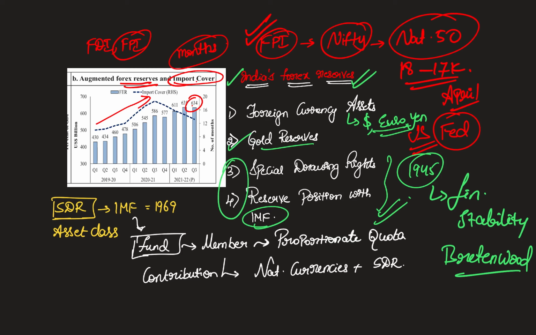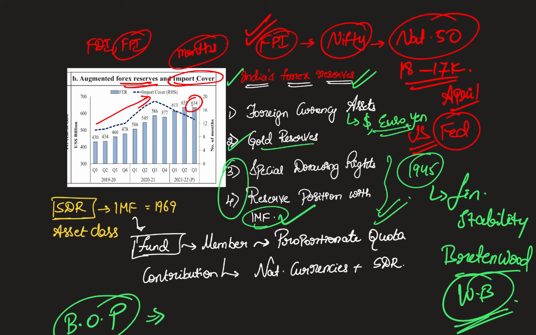One institution is IMF, the other one is World Bank, which we will be discussing in much more detail in other lectures. Now, what is the objective of the International Monetary Fund? It is to maintain that the BOP of all countries should be net zero. There should not be surplus, there should not be deficit. All the countries, if clubbed together, it should be zero. That body which maintains this account of BOP zero is IMF.